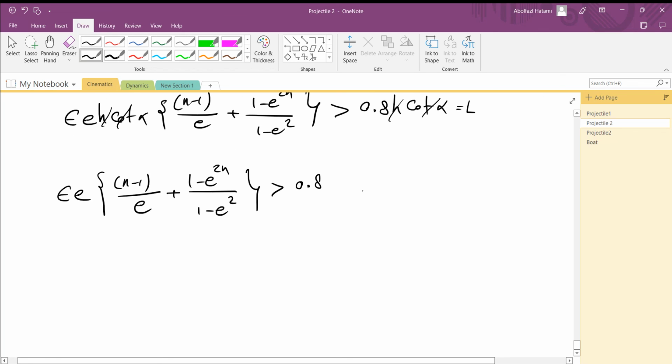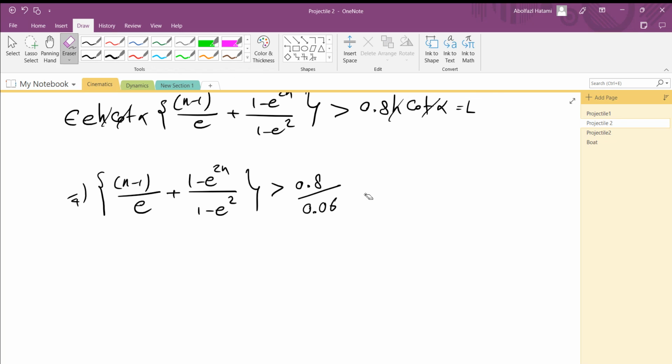And we know that we can divide by epsilon, which is just 0.06, and e is 0.75.